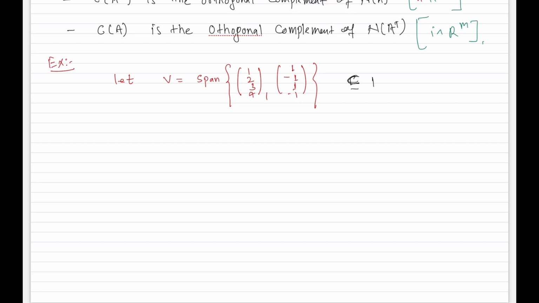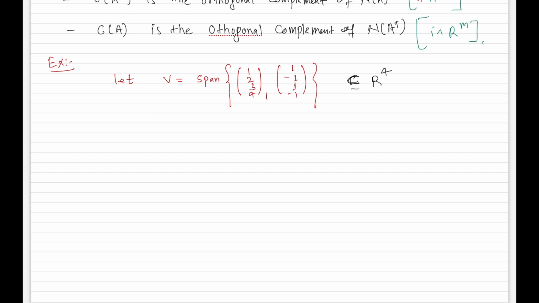And obviously this will be a subset of the 4 dimensional space. Why? Because you can see these two vectors are taken from the 4 dimensional space. So obviously their linear combination will be in the 4 dimensional space, right? So this subspace V is in the 4 dimensional space, or this V is a subset of this 4 dimensional space. Now can you give me the basis?